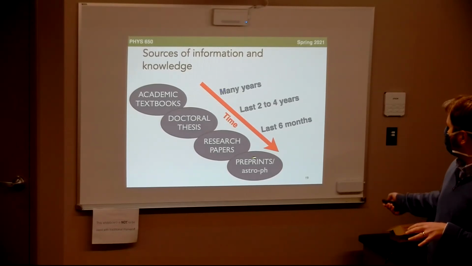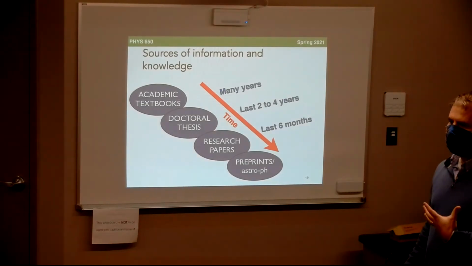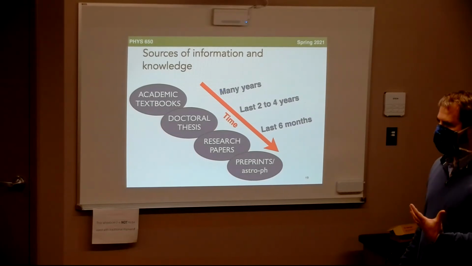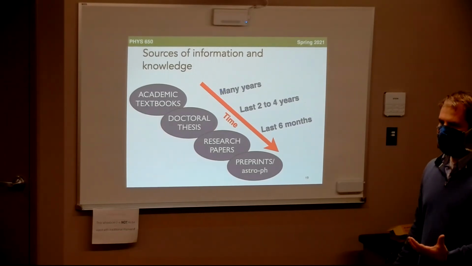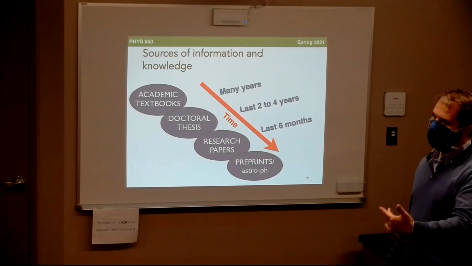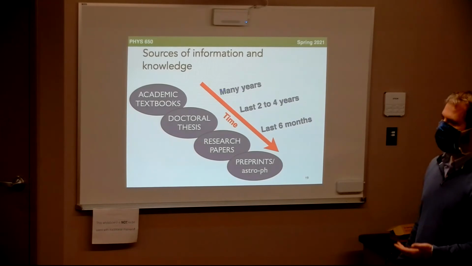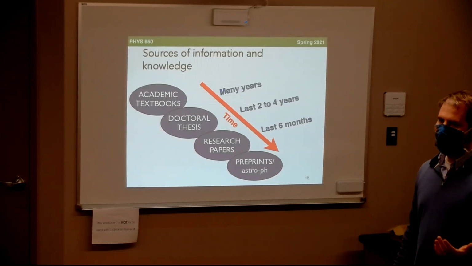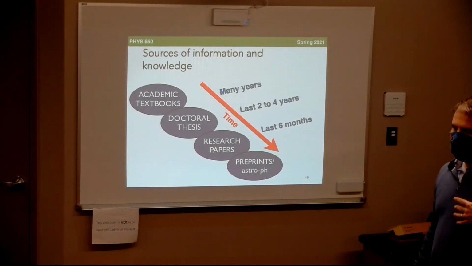And then preprints is really what comes every day. As a researcher, you'll get into the habit of looking at a preprint server on what the latest information is. People are allowed to put everything on the AstroPH in the case of astronomy. There is anywhere between 60 and 90 new papers a day. So yeah, research is moving along.